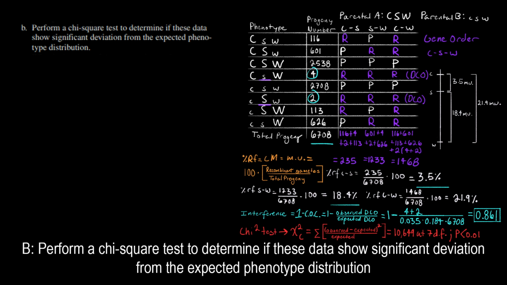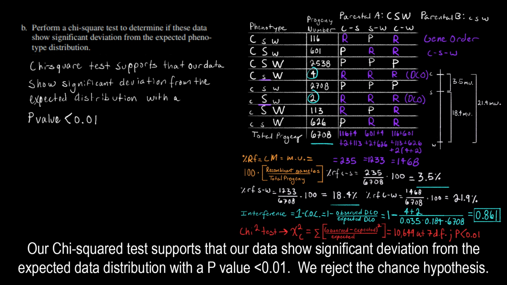B. Perform a chi-squared test to determine if these data show significant deviation from the expected phenotype distribution. Our chi-squared test supports that our data show significant deviation from the expected data distribution with a p-value less than 0.01. We reject the chance hypothesis.